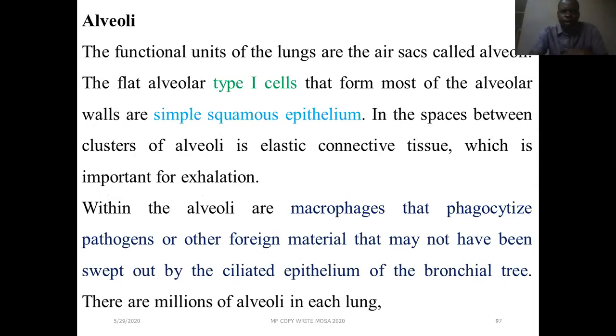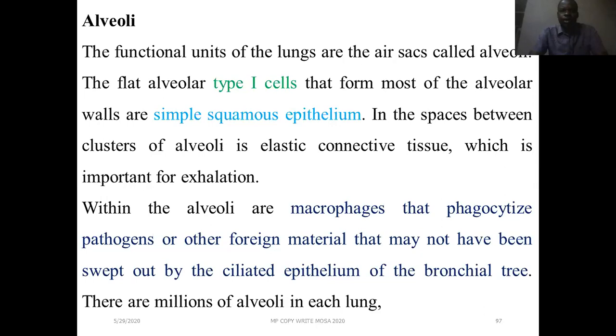The alveoli. The functional units of the lungs are the air sacs called alveoli. The flat alveolar type 1 cells that form most of the alveolar walls are simple squamous epithelium.